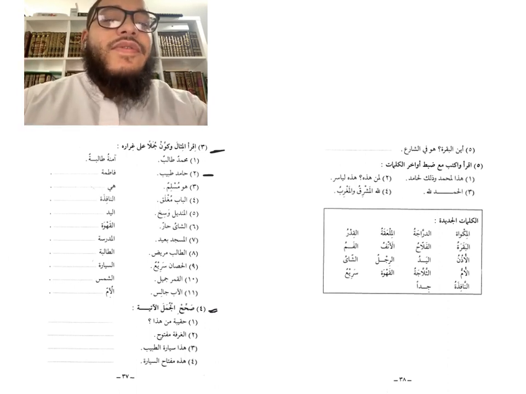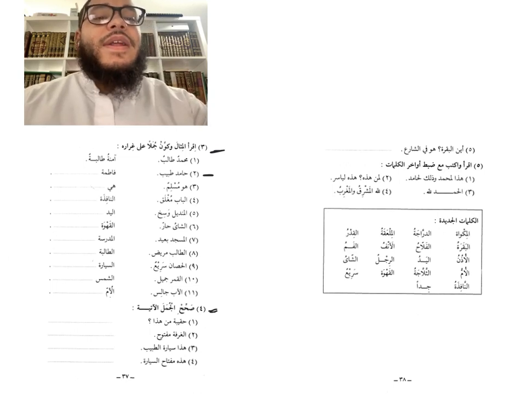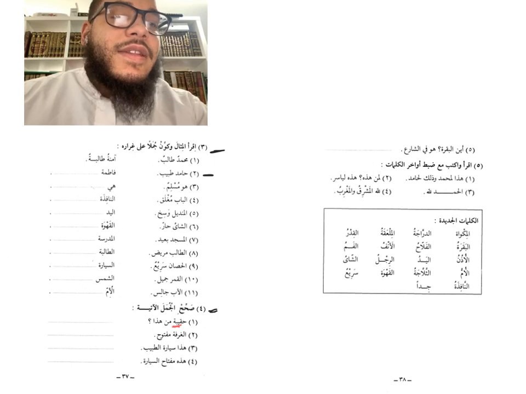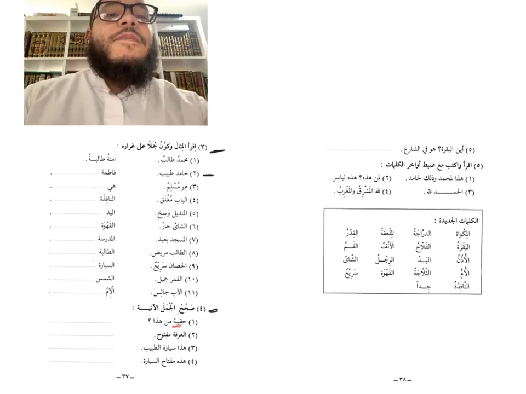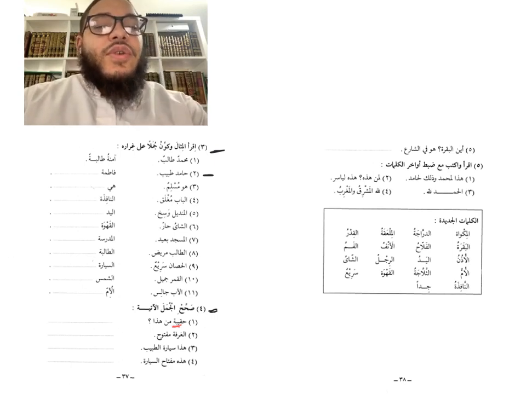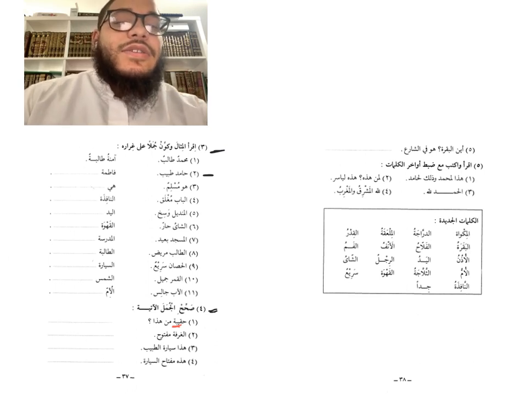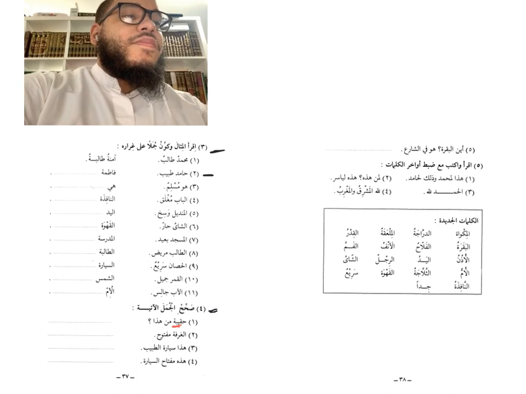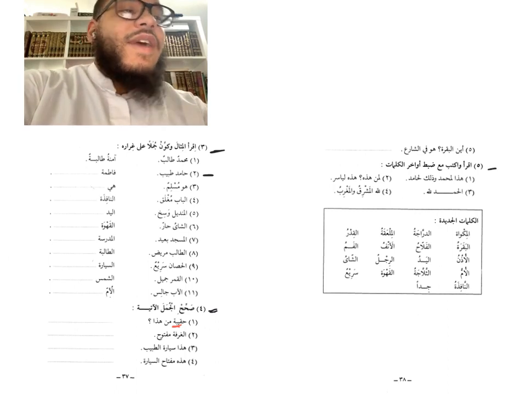Why? Because هذا is referring back to the حقيبة. What gender is the حقيبة? It's feminine. How do we know it's feminine? Because of this letter here at the end, the ta marbuta. Okay, so you're going to follow that same analysis for the rest of the sentences and correct those that are wrong.